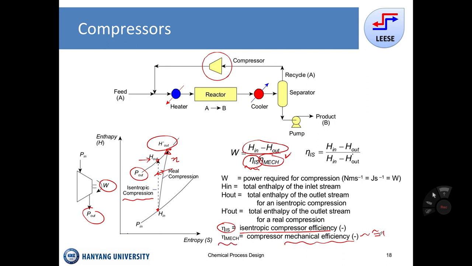However, it's not actually 1, it's 99% or 98.5%. People sometimes neglect it, but the main deviation comes from thermodynamic inefficiency. So we typically use the isentropic compressor efficiency, but strictly speaking, we need to consider mechanical efficiency for the compressor.